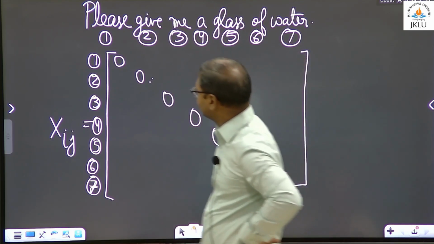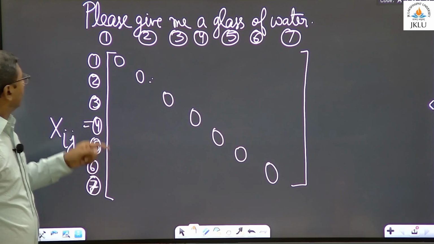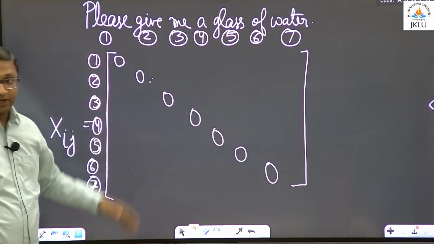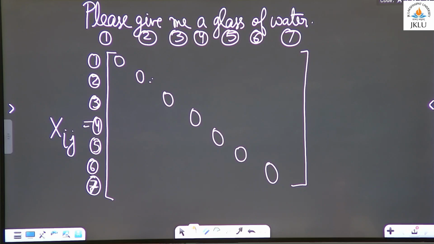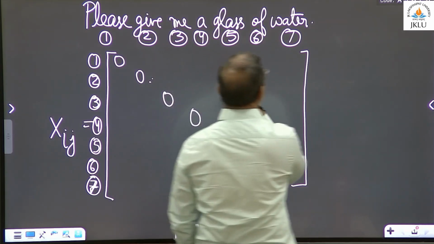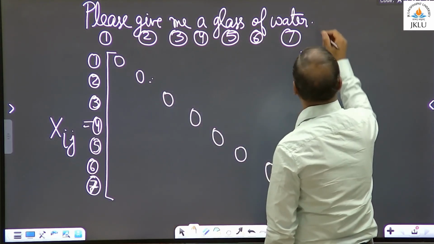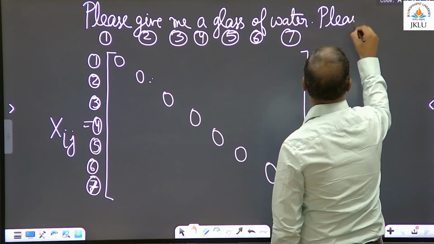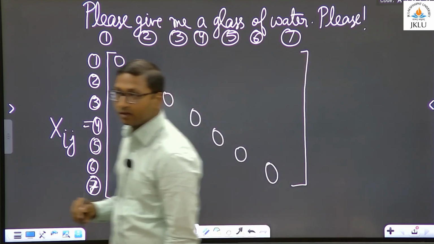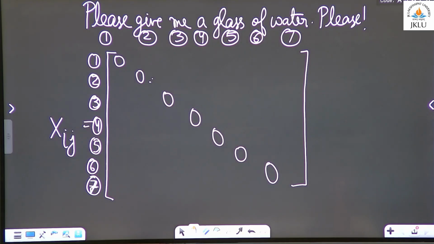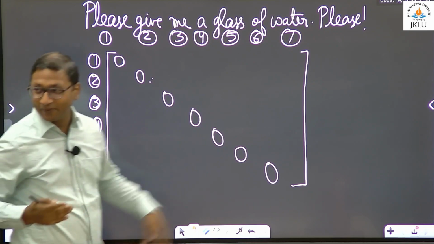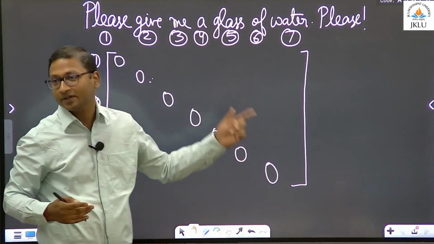What else? What will be please, comma, give? Actually it's a bad example because all are distinct words. Please give me a glass of water. Please. Okay. I don't want to make it bigger because otherwise my matrix size will be huge.